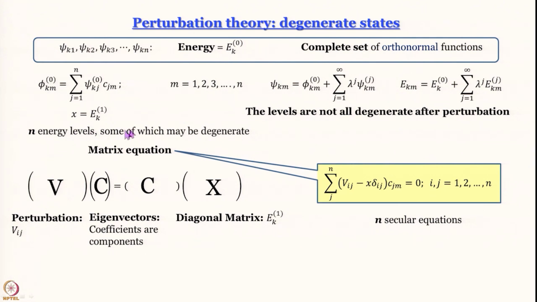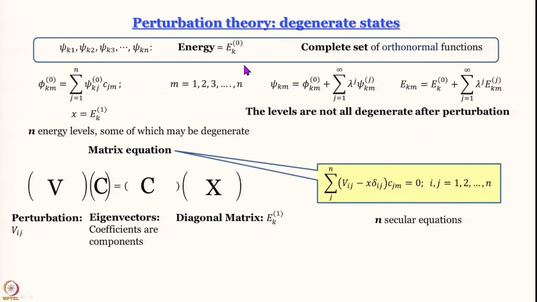So, first of all we form a linear combination, and then we try to look at what happens when we add a perturbation term to this linear combination of the complete set of orthonormal wave functions of the unperturbed systems that we take. And we have seen cases in which the perturbed levels are partly degenerate. We have seen cases in which the perturbed levels are completely non-degenerate starting from a degenerate level.